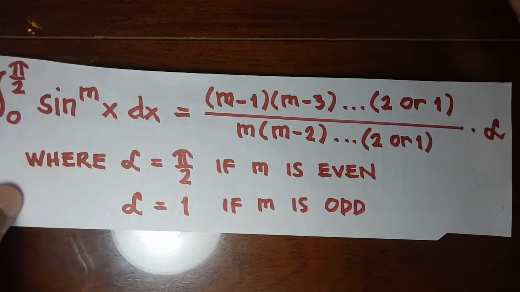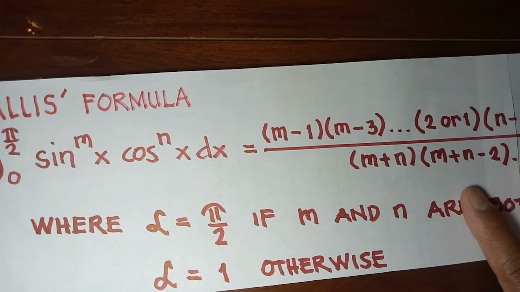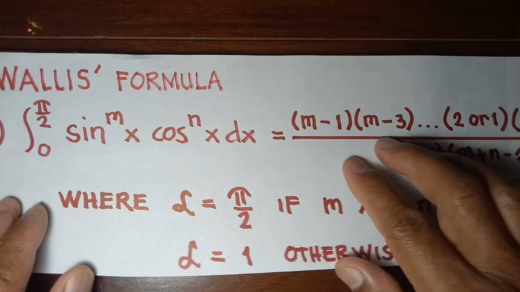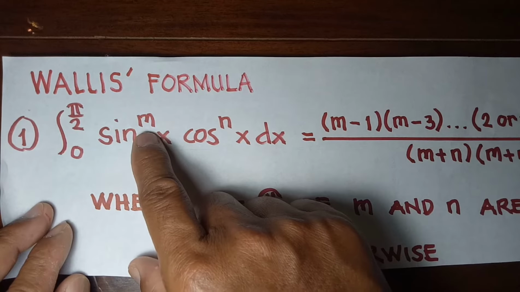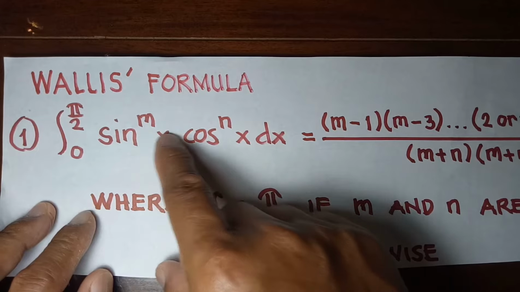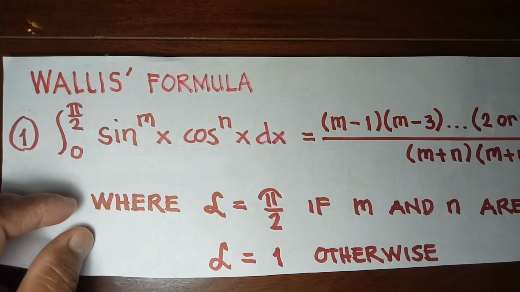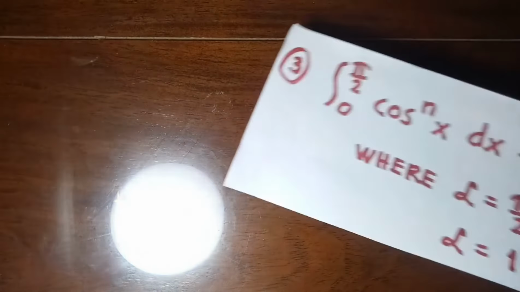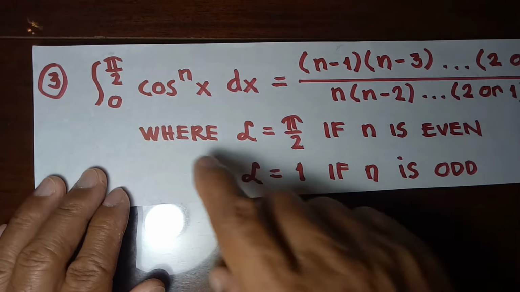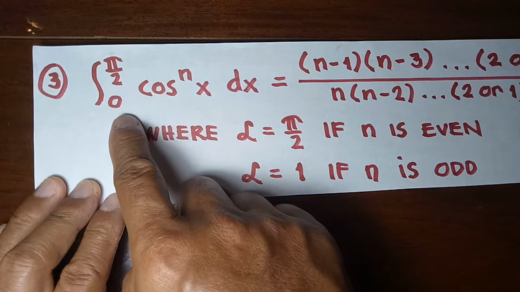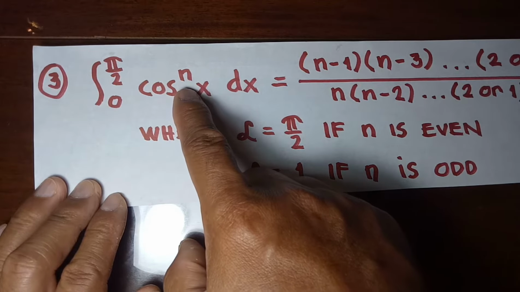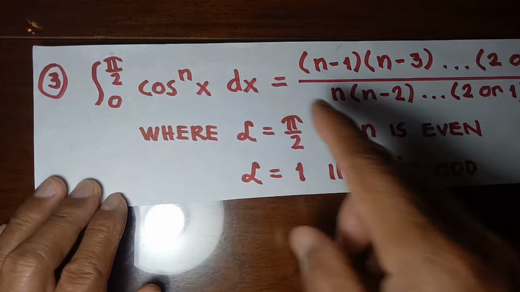Okay, balik tayo sa ating equation number 1. So dito sa ating equation number 1, kung yung m naman ay equals 0, so yung equation ito will resolve to this equation, so tatawagin natin siyang equation number 3. Integral from 0 to pi over 2 of cosine raised to n of x dx.